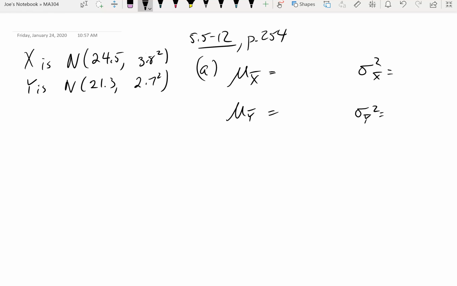I'm going to give you an excuse to show you something on Excel in a second. We're given the distribution of x and y, and it wants the distribution of x bar and y bar. Oh, and I need to tell you that was a random sample of 8. That might be helpful. My apologies.